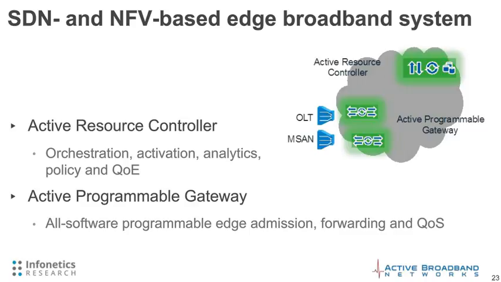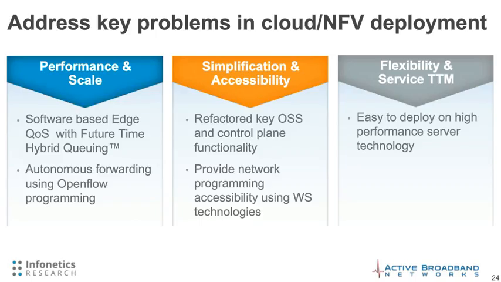Thanks, Michael. So let me talk very quickly about three specific things that we did. One was that we needed to implement large structures of complex queuing in software, something that is done in a very different way in hardware.